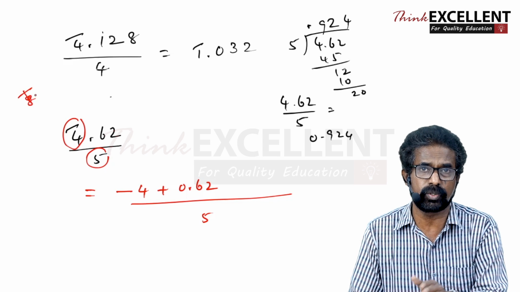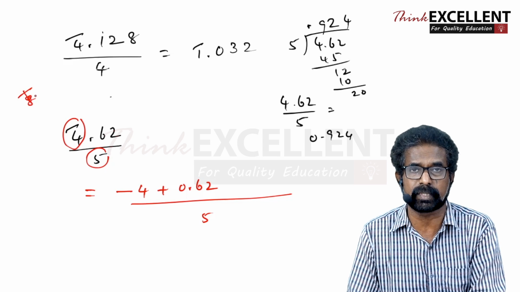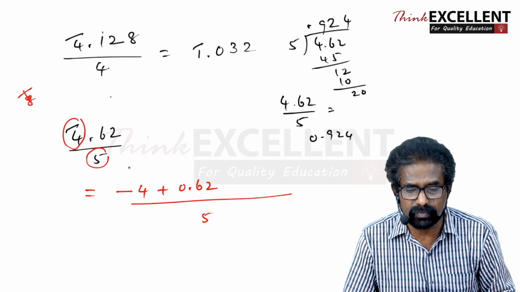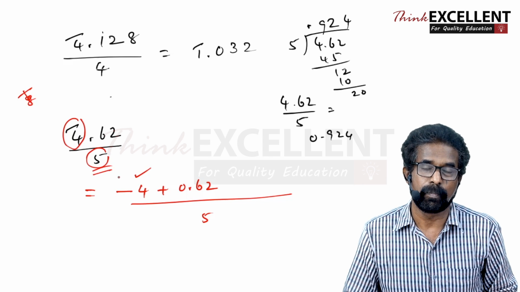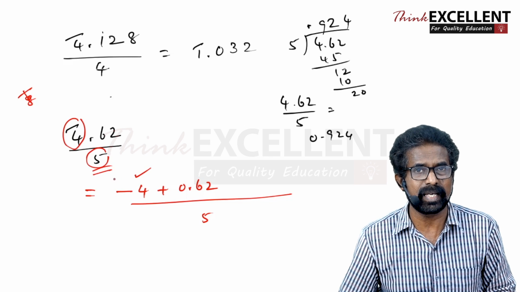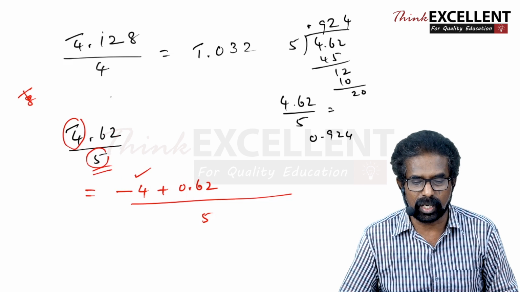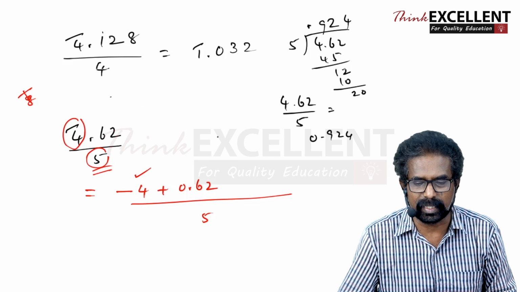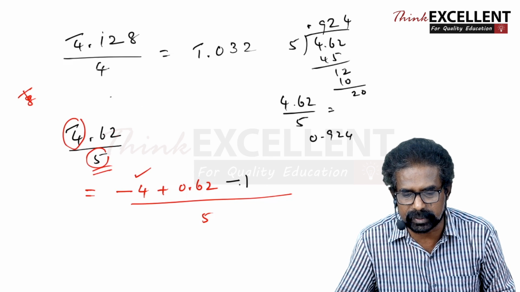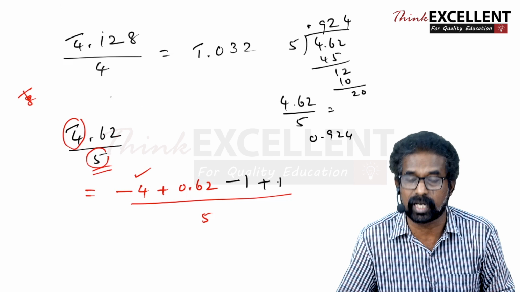Further, whatever number is added must also be subtracted. Here we have minus 4, and since I have 5, I want to make it minus 5. For that I need another minus 1. So I write a minus 1, and the value should not change, so I write plus 1 also.